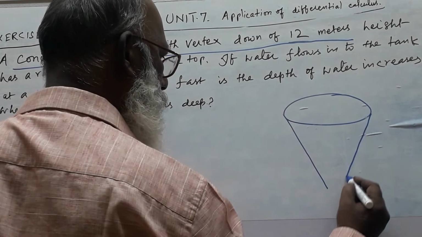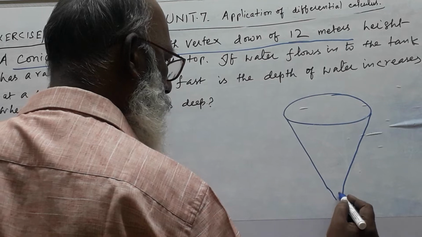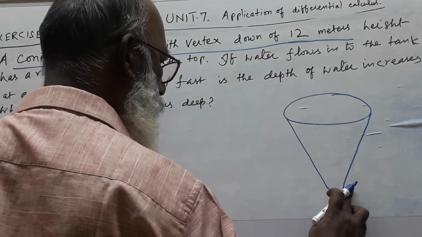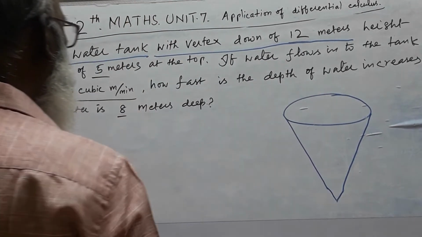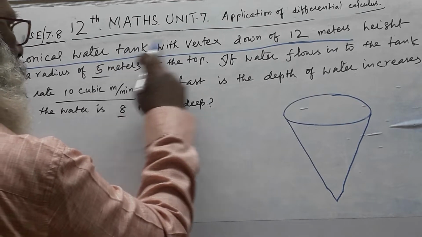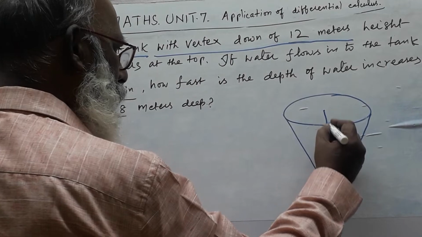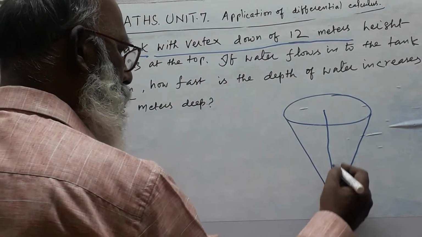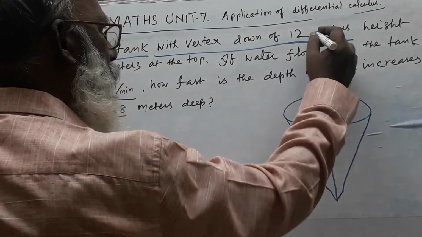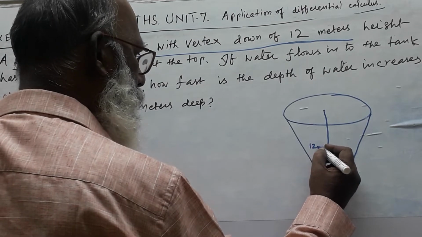This is called a conical tank. Are you clear? For the conical water tank, from the vertex center we draw a straight line. This is called the vertex and this is 12 meters. Are you clear?